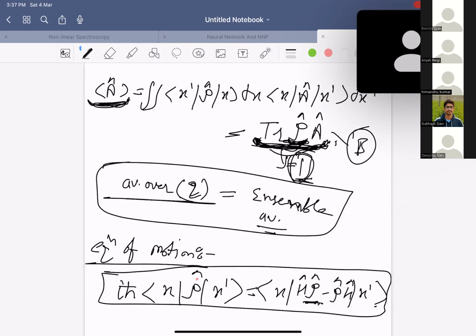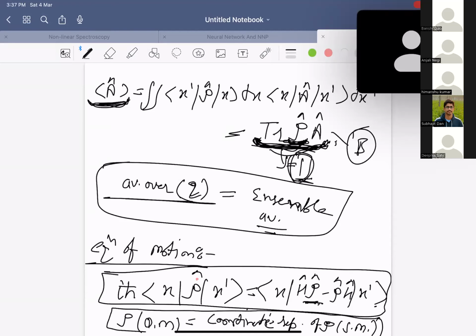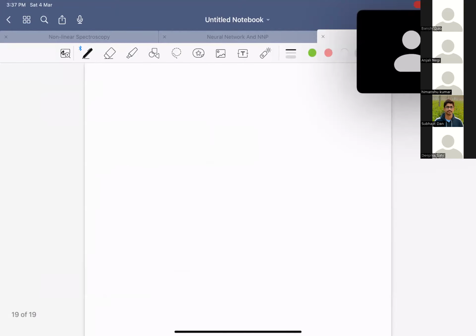So finally, this density matrix in quantum mechanics is basically the coordinate representation of the density matrix in statistical mechanics. Just that.